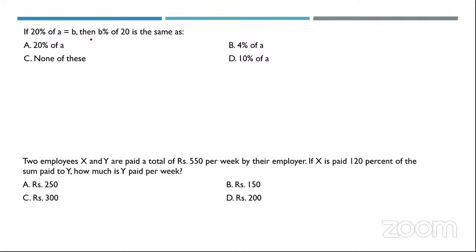Fine, let's see this. 20% of A is equal to B. Then B percent. So whenever the percent sign gets added, it means that we are dividing it by 100. So let's say this way, 20% of A is equal to B. So it is 1 by 5 of A, or A by 5, is equal to B. Then B percent of 20 is the same as what?